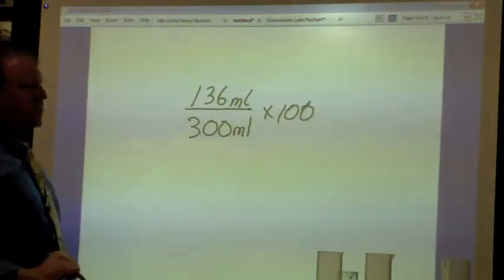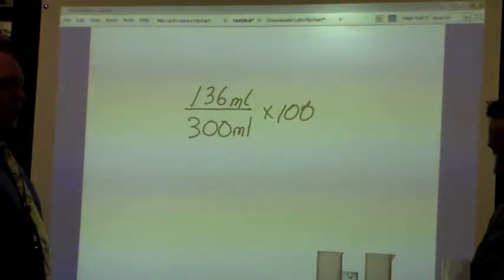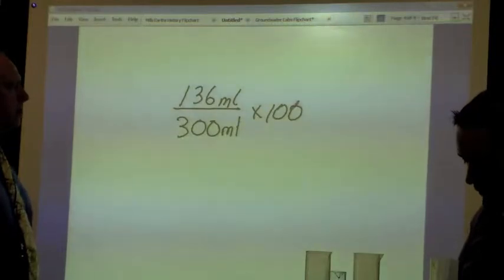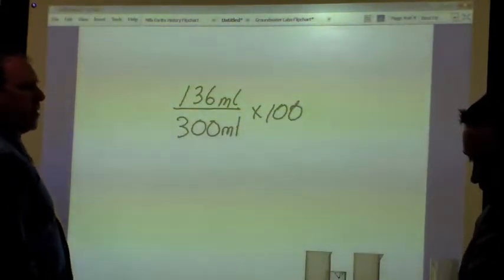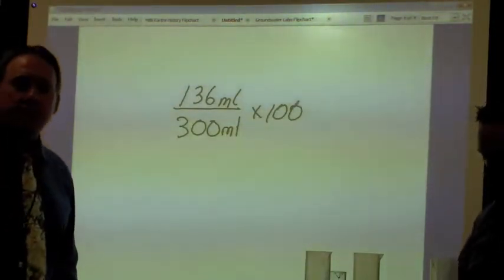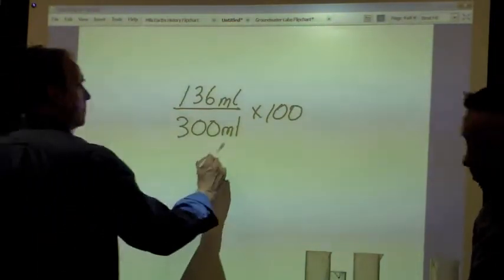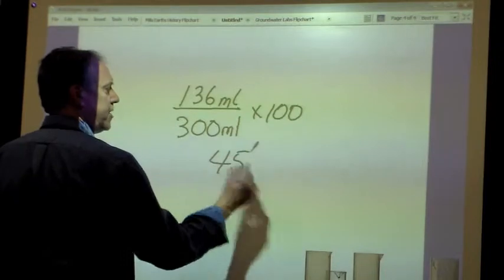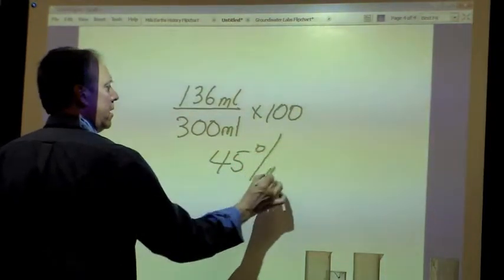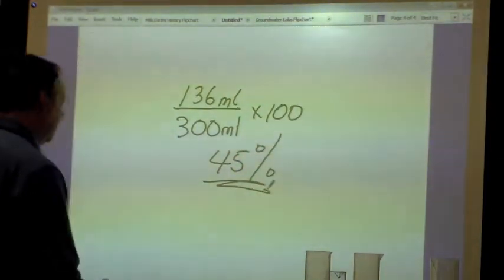And now it's time for a basic calculation. So 136 divided by 300. Equals, don't forget to hit equal before you multiply by 100. Remember, that order of operations is going to give us 45.3%. Okay, we're going to round to the nearest whole number on this. And we've got 45% pore space.